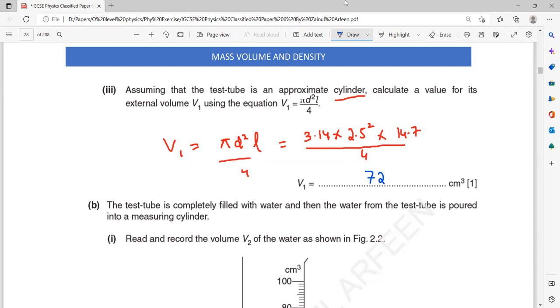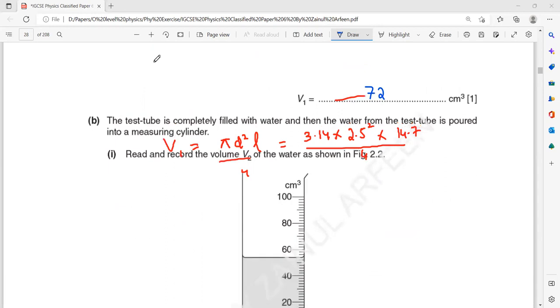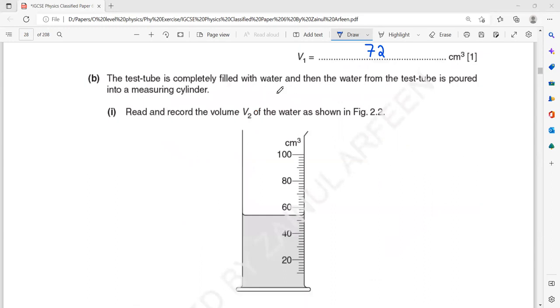Then moving on to the next part. The test tube is completely filled with water. So what we did, we took this test tube and we filled it completely with the liquid.